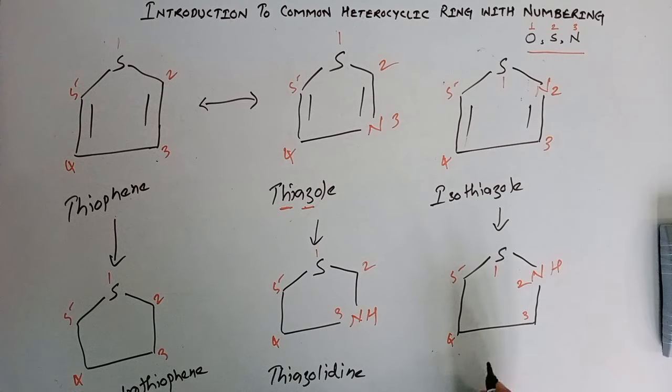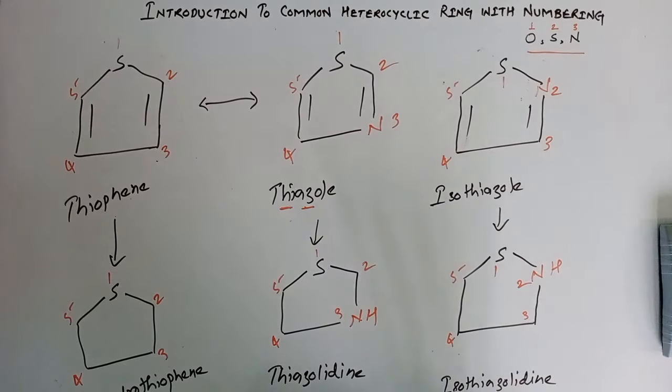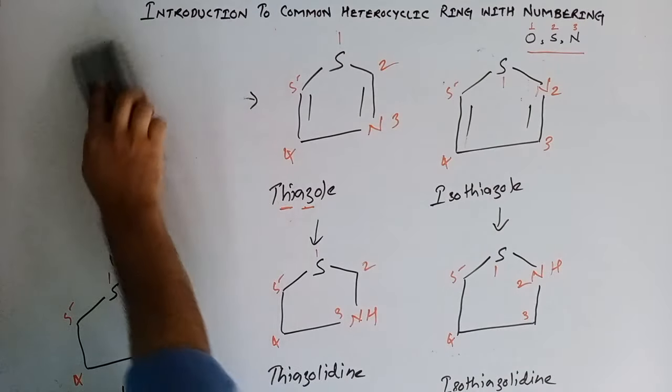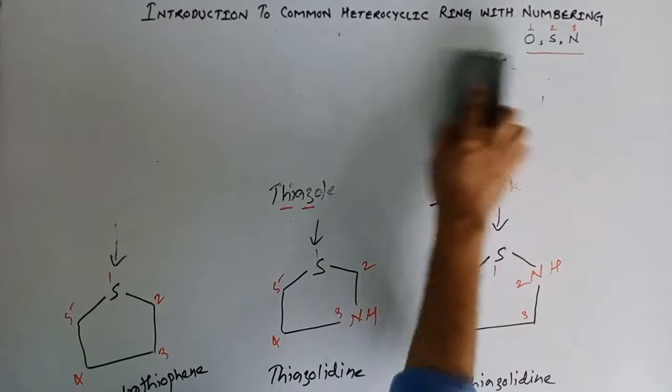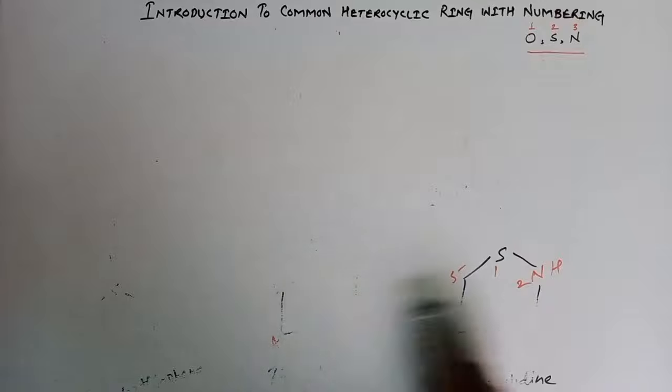This structure is known by the name isothiazolidine. These are the sulfur containing five-membered heterocyclic rings, the most commonly occurring rings. Now we will discuss the last one, nitrogen containing 5-membered heterocyclic rings.